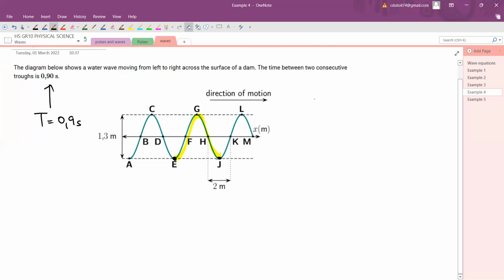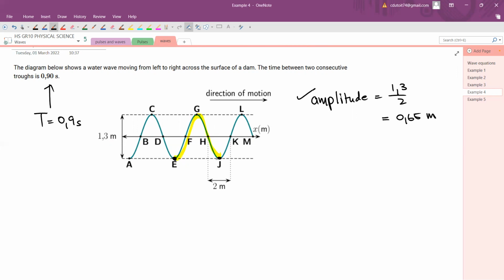Okay, so the amplitude here is 1.3 divided by 2. What's that? 0.65 meters. That's the amplitude. Okay, what else can they ask us?